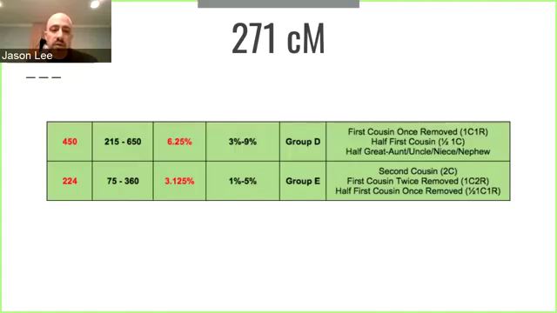So 271 centimorgans makes us fall into one of these two groups. So one of the possibilities for Group D is first cousin once removed, and one of the possibilities for Group E is second cousin. So these are the possibilities that 271 centimorgans brings us to, according to the green chart.